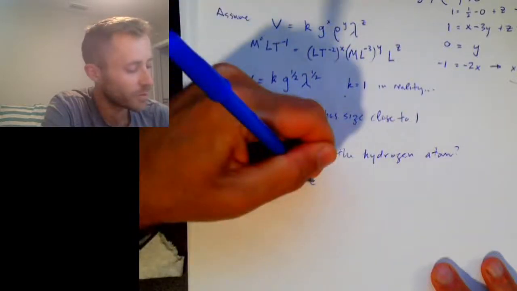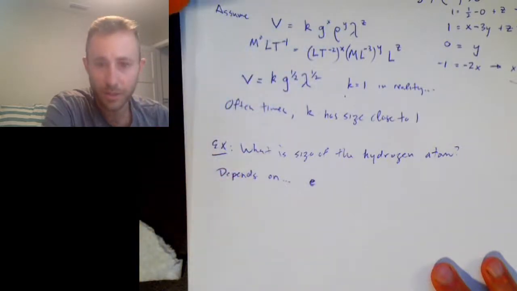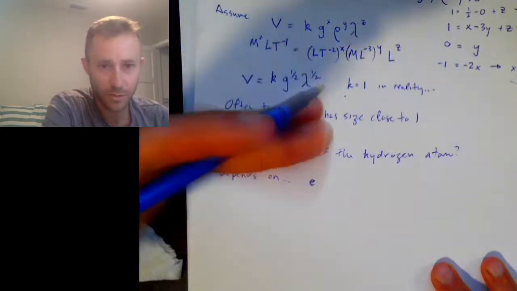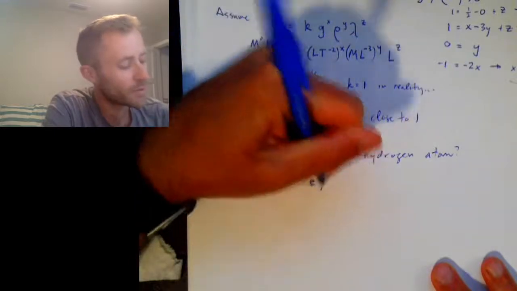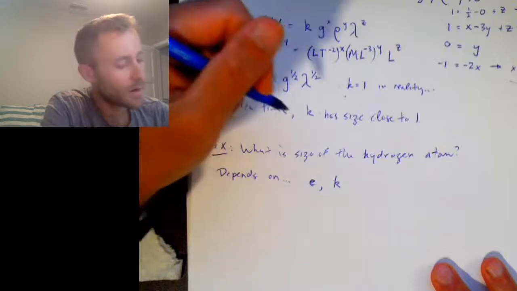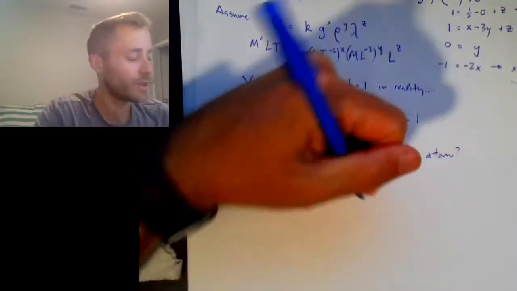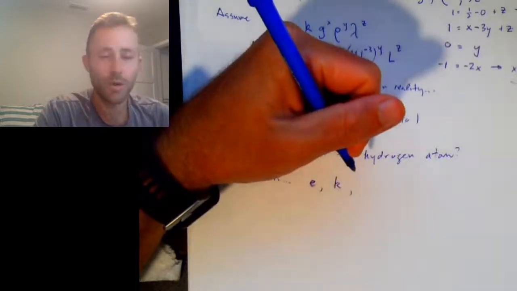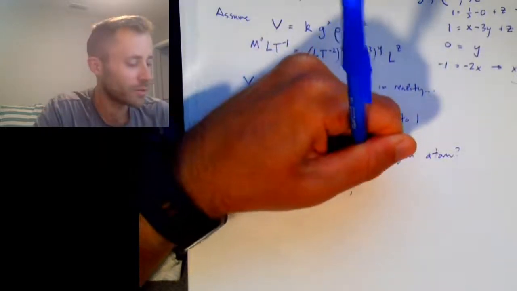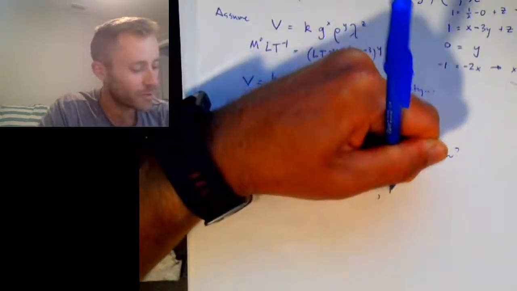So this is the fundamental electric charge, which is also the magnitude of the charge of an electron. It depends on the Coulomb constant. Hydrogen atoms are fundamentally quantum mechanical, and so anytime something is quantum mechanical, it's going to depend on Planck's constant, and it also depends on the mass of the electron.